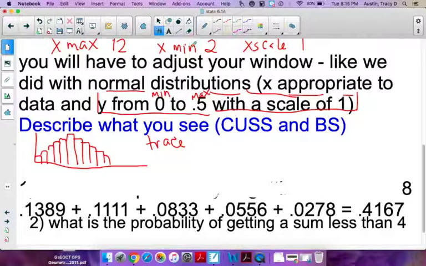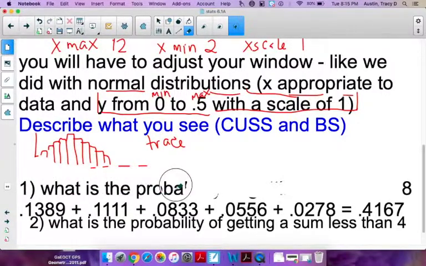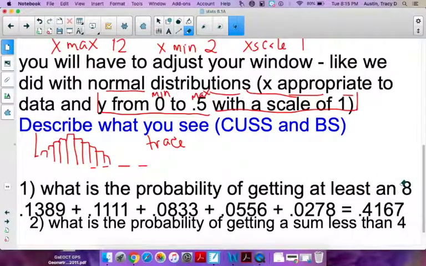The next part of this, the calculator will also do some wonderful other things for us. We can do probabilities from our table, and that's just the decimal equivalents.